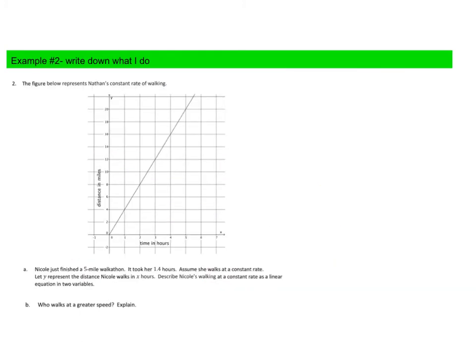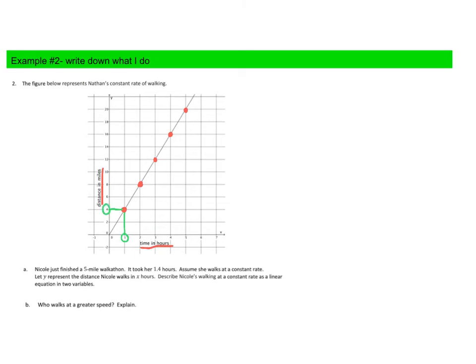Okay, for example number 2, it says the figure below represents Nathan's constant rate of walking. So I'm looking at this graph. I can see that it's comparing time to distance, and if I find my points on this line, I'll be able to do some math. y divided by x to find that rate. So if I'm looking at my first point that I found, I have my y and my x.